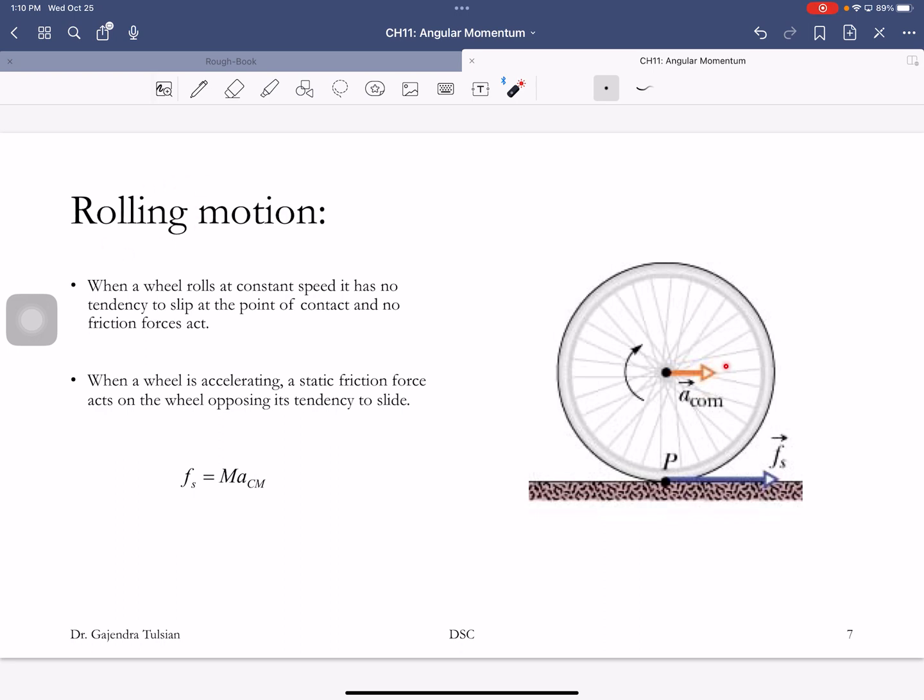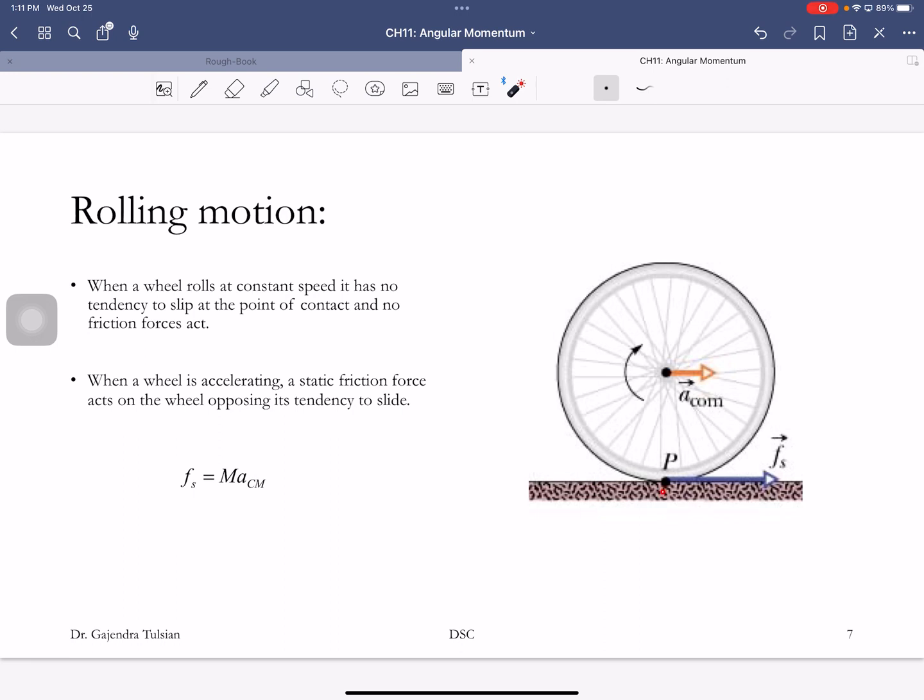All right, so when a wheel is rolling without slipping, here's what's happening. What is your car engine trying to do? It's trying to spin this wheel faster and faster. If the car was held up, not touching the road, all the wheel would do is just spin. As soon as the car comes in contact with the road, this point is not slipping anymore.